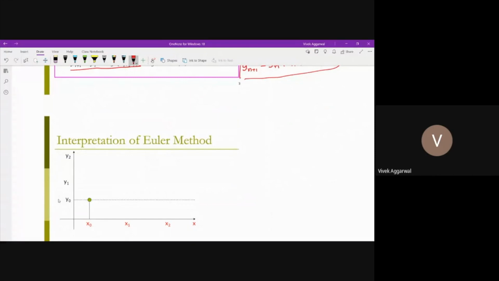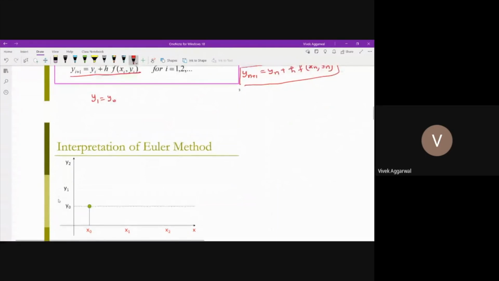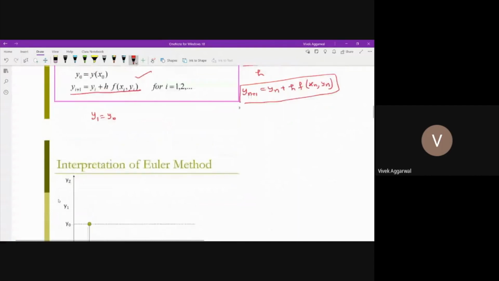So I will get y1 is equal to y0, because I am substituting n equal to 0 here, plus h f at x0, y0. I will substitute the values here, and then I will get y1.